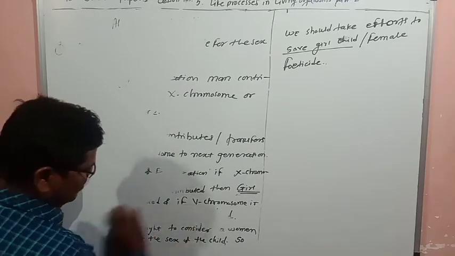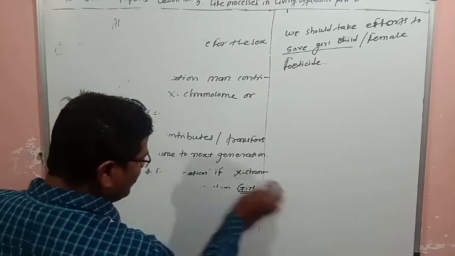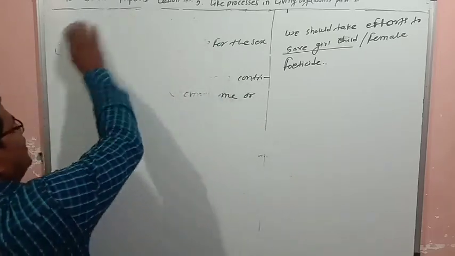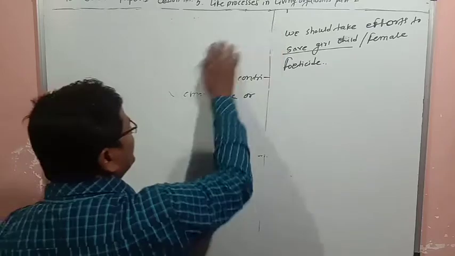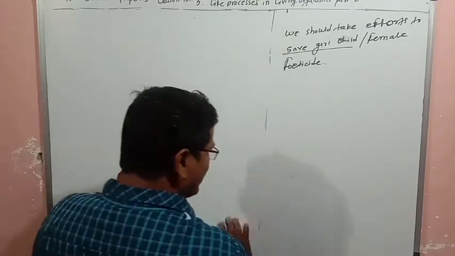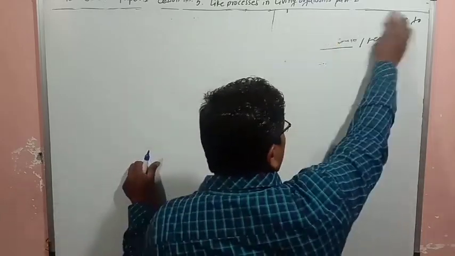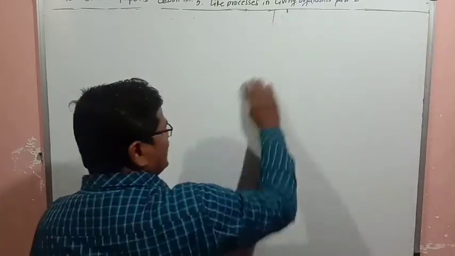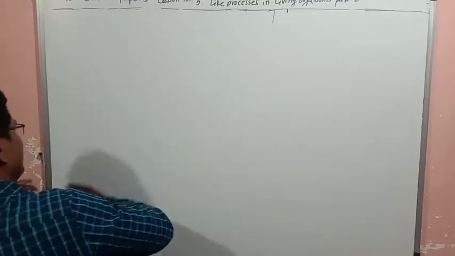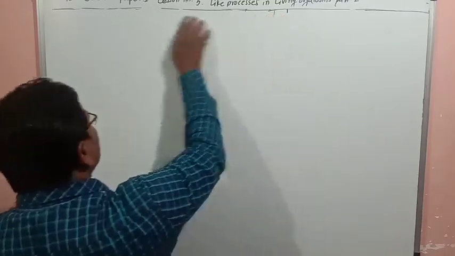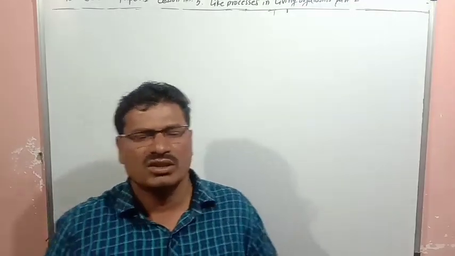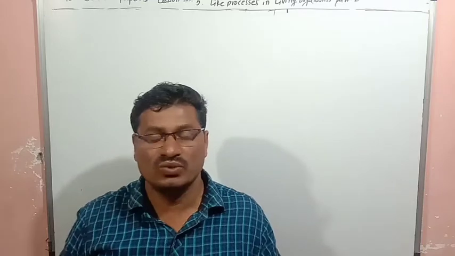So when complete development or complete growth of that particular embryo takes place, at that time one of the master gland, the pituitary gland, which is present nearby or inside the brain, secretes which hormone?